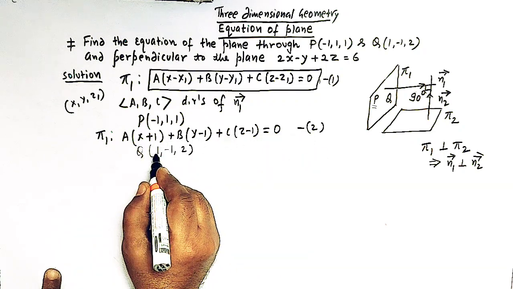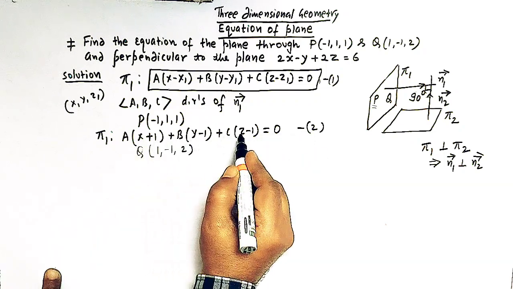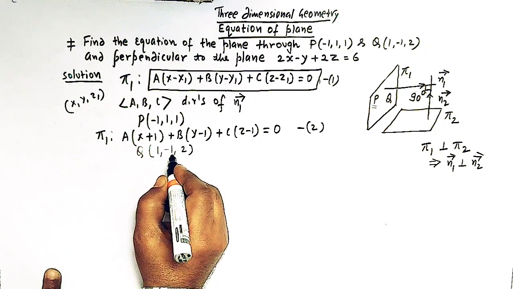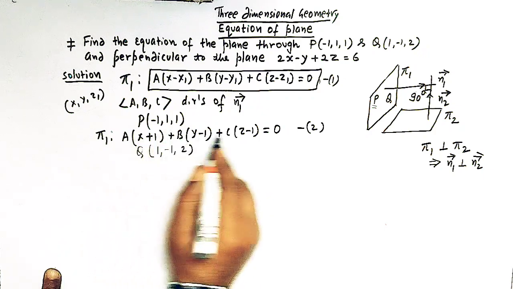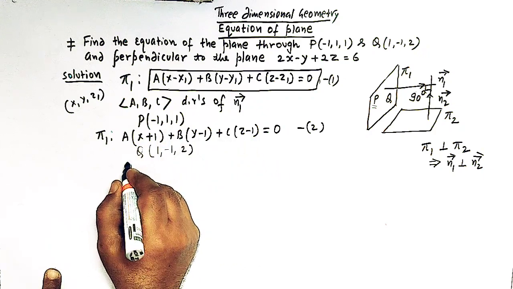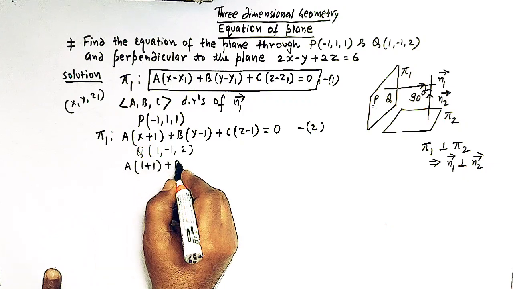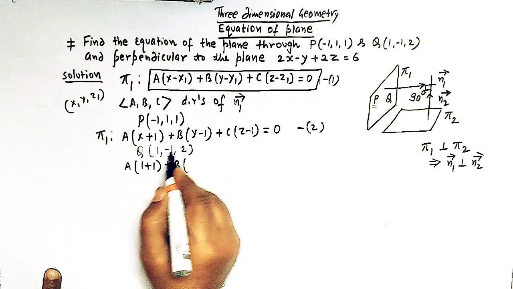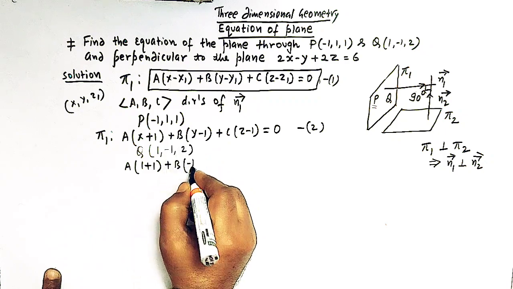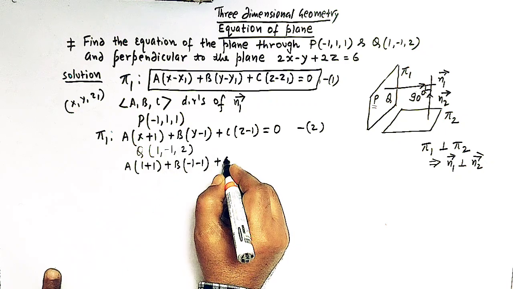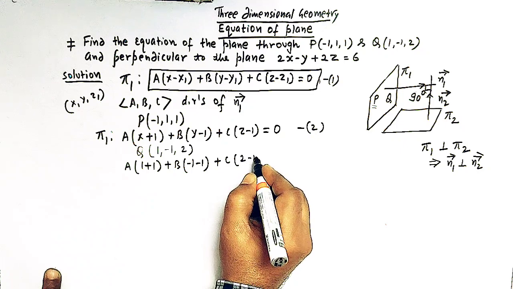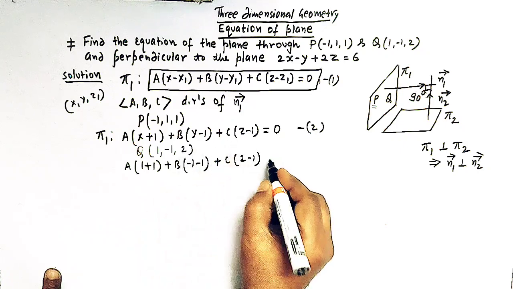So let us write for x, y and z as 1, -1 and 2. So we have now the equation a(1 + 1). Then we have b times, here we have y equal to -1, so b(-1 - 1), and then we have c(2 - 1), so z is equal to 2.